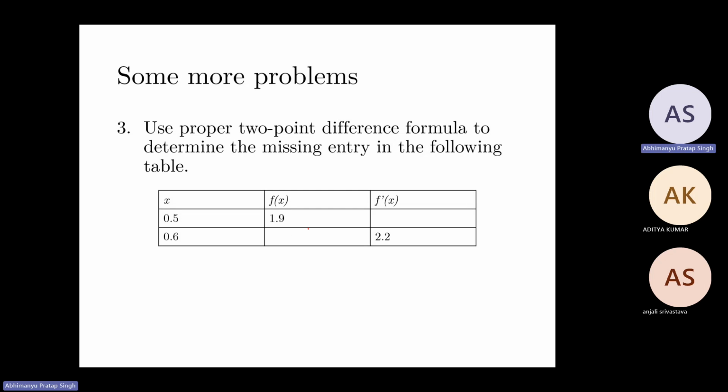Once we get the value of f at 0.6, we can use the forward difference formula to get the value of f prime at 0.5. Okay, so this is simple.